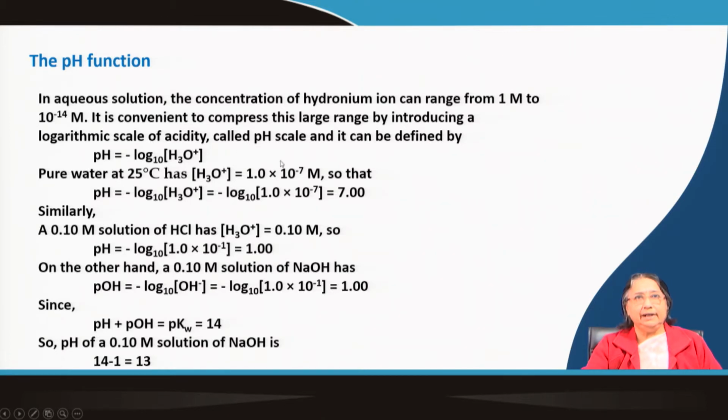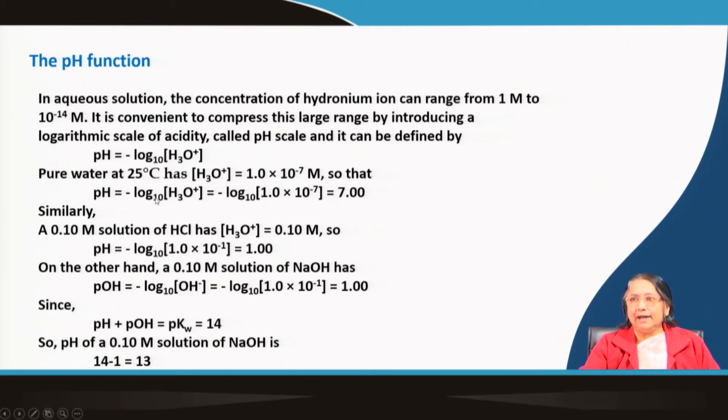It is convenient to express this large range by a logarithmic scale, and there comes the pH scale. We know that pH is nothing but minus log of hydronium ion concentration.